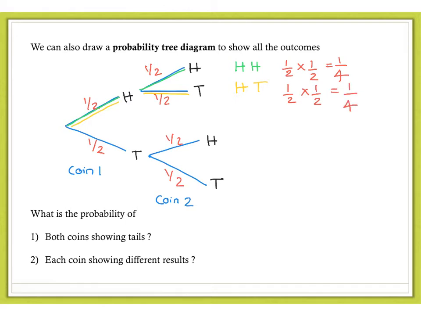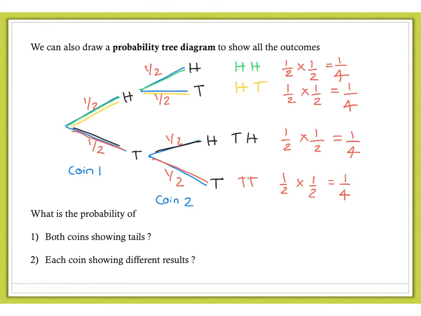Looking at the branches underneath, if I follow this path along here, that's the probability of getting a tail first and then a head, which is 1/2 multiplied by 1/2, which gives me a probability of 1/4. Finally, this path here is the path where we end up with a tail and then another tail. So that's a probability of 1/2 multiplied by 1/2, which gives us 1/4.